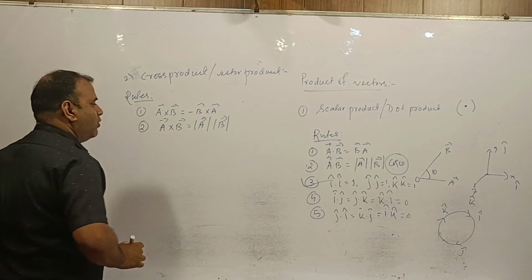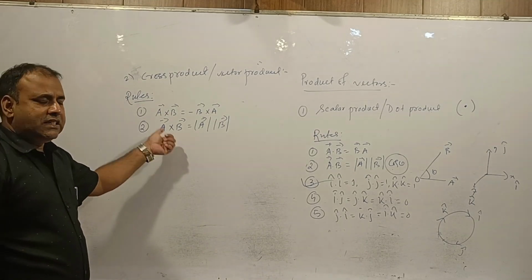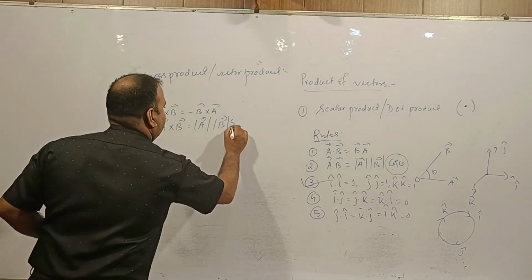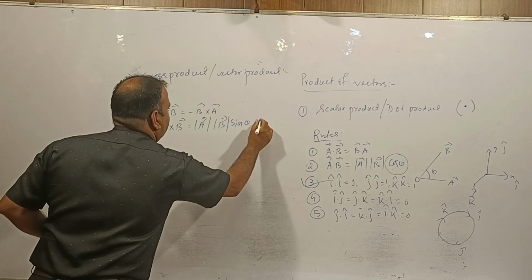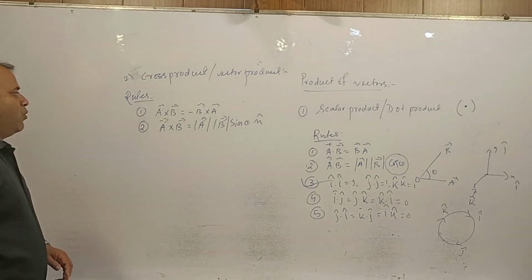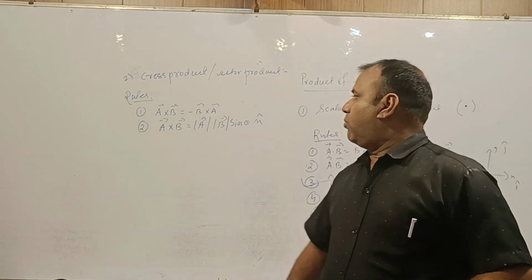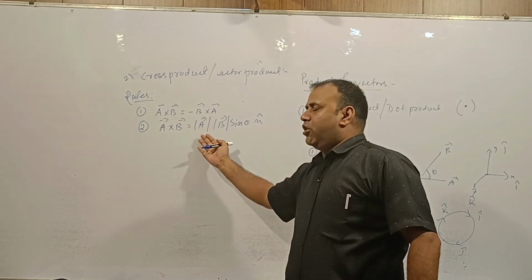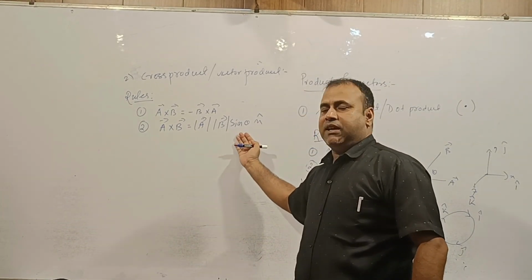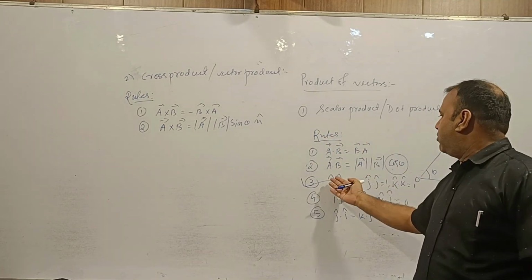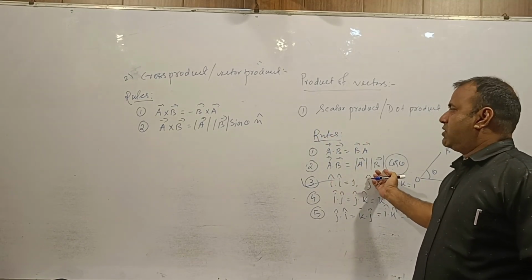But you remember, this is cross product, that is why sin theta will come, and one unit vector n cap. Unit vector means value is 1. Now A cross B is equal to mod A, mod B, sin theta. But in case of scalar product, already you know, mod A, mod B, cos theta. So this is the difference.